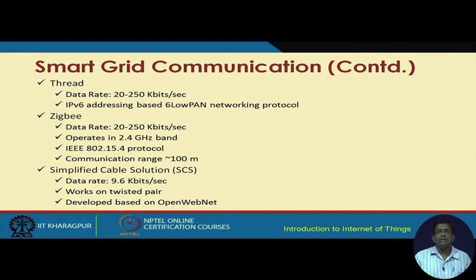Zigbee is something that we have already discussed in a previous lecture, and it is very attractive for low data rate, short range communication established between different nodes in the network. For example, it is possible to have Zigbee communication between different sensors in the smart grid.